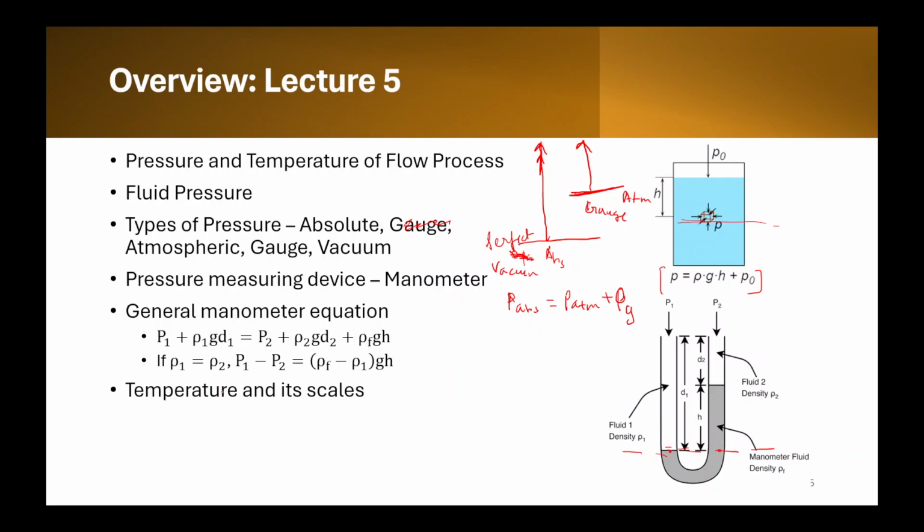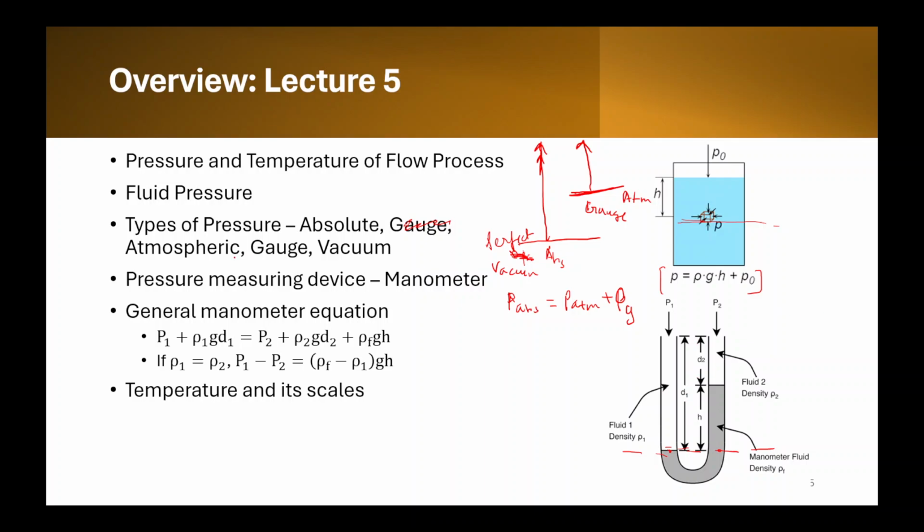So here we first calculate how much pressure is being exerted on this side and how much on this side. On the left there is the external pressure P1 plus the pressure exerted by this liquid column, which is rho 1 into g, the acceleration due to gravity, into d1, because that's the height of this column.